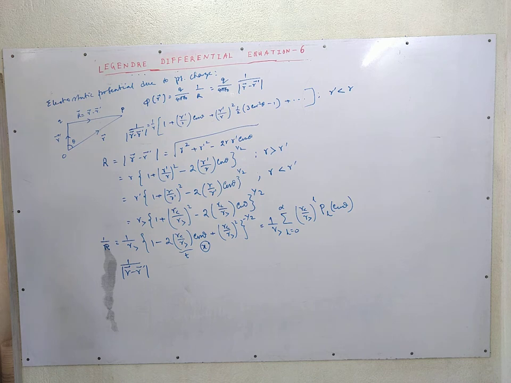That's all so far as the theory of Legendre polynomial is concerned. We have completed the course on Legendre polynomial. In the next class we shall discuss a few simple problems on Legendre polynomial to conclude the discussion on the Legendre differential equation.